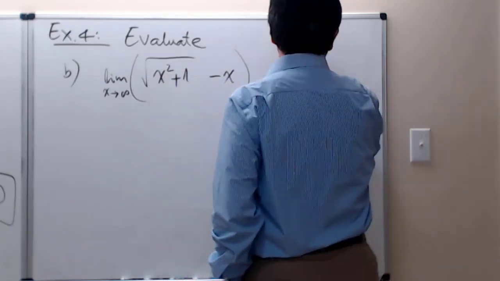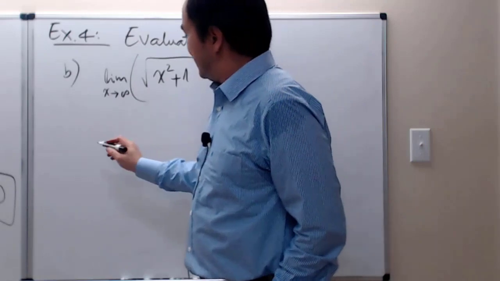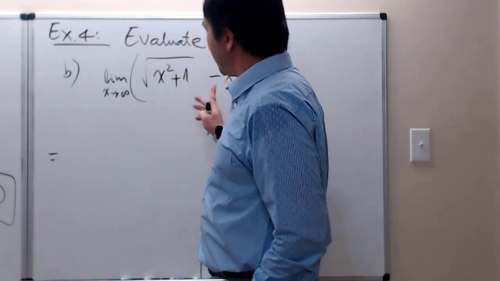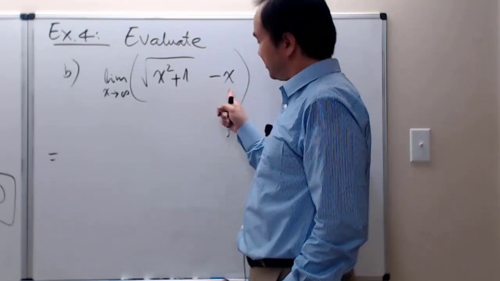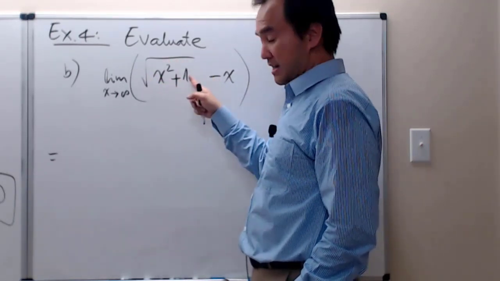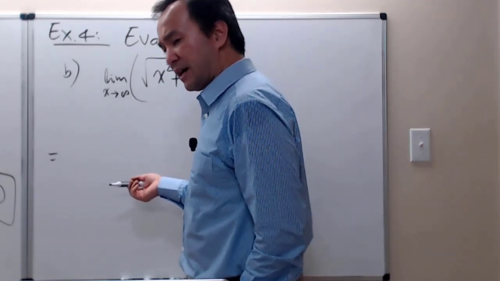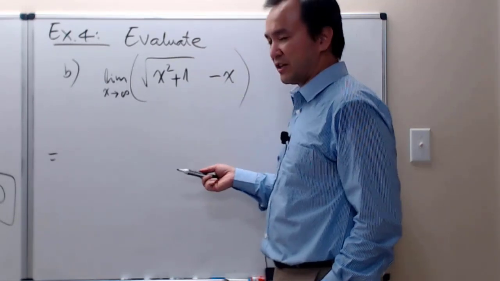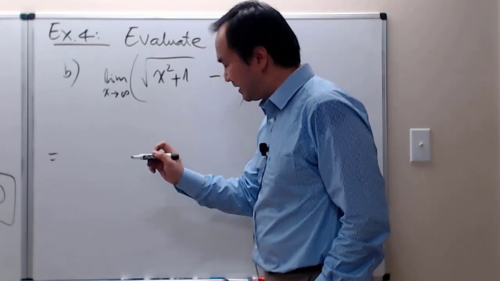Okay, so let's get into the real work here. I am going to note in this problem that we have a difference between two terms, and one of the terms has a square root. And so I believe you have seen this trick throughout my examples in some of the earlier video lectures, and I am going to apply that trick again.